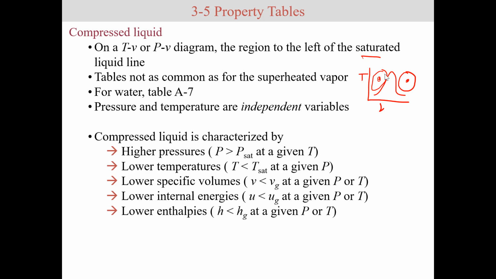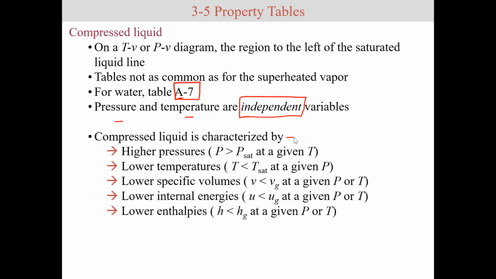So we're looking now at compressed liquid. The table is not used that often, but we will be using it. It's table A7. Again, like in the superheated vapor region, in the compressed liquid region, pressure and temperature are independent of each other.